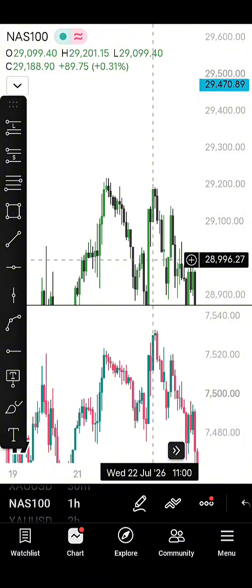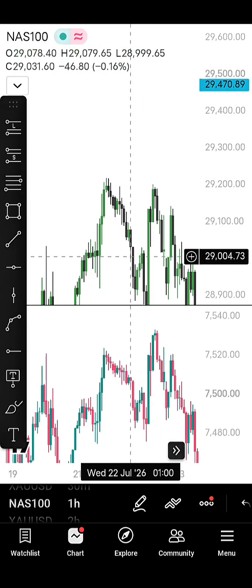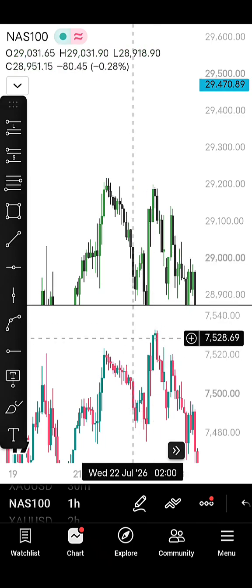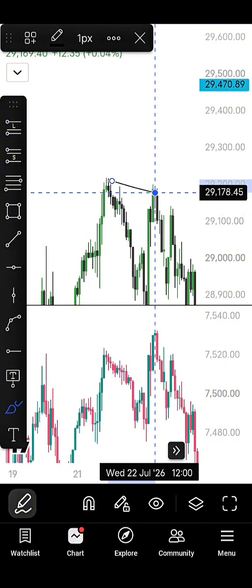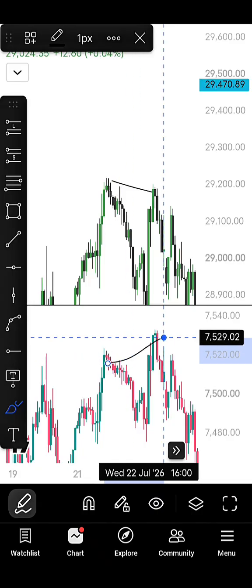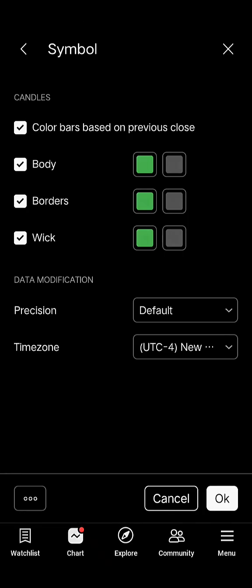Here it is a decoupled movement for both pairs. On the Nasdaq, it created a lower high, but on the S&P 500, it created a higher high. So this is a decoupled movement for the market.